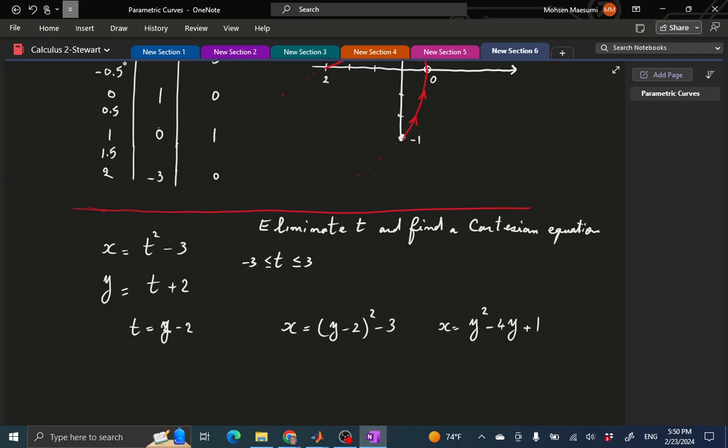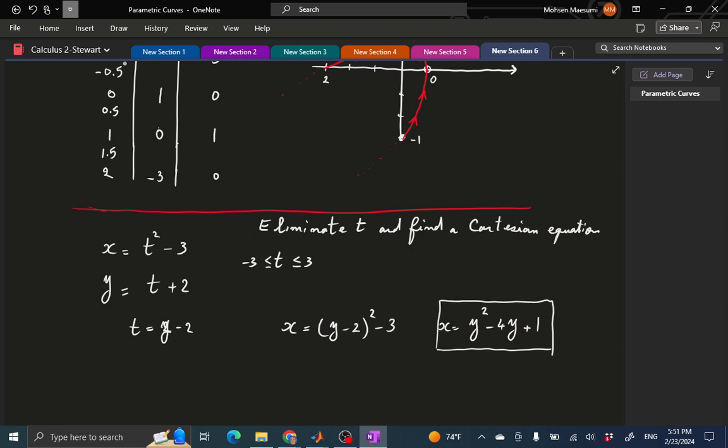So x is equal to y squared minus 4y plus 1. Do we remember what kind of function that is? That's of course again a parabola, but this one we can easily say that it is a parabola that's opening toward the right. So we eliminated t and we obtained a Cartesian formula that's just connecting x to y.